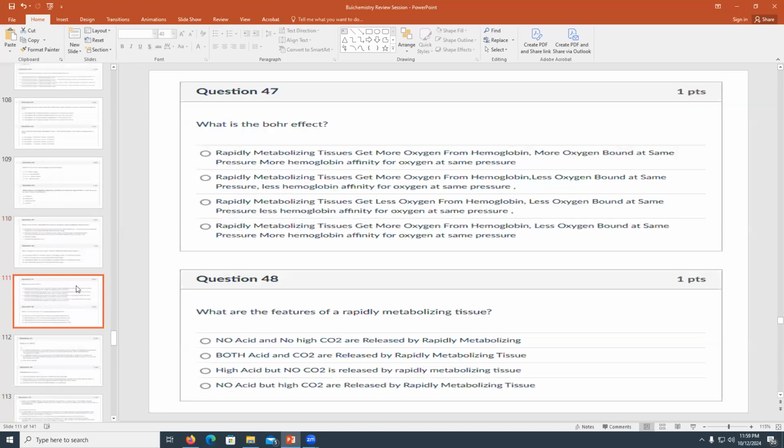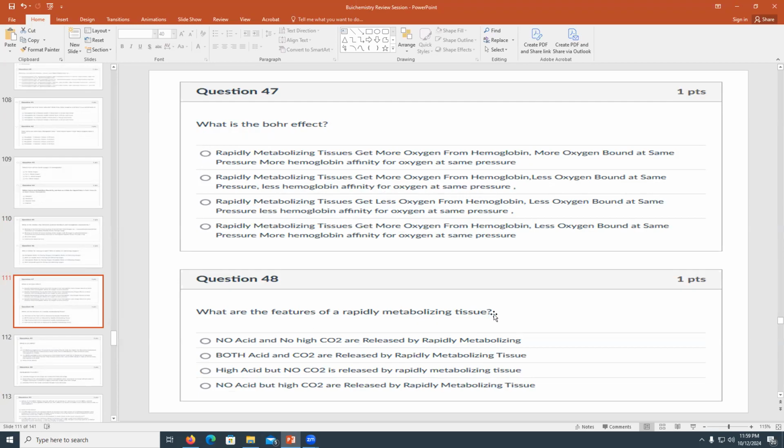We talked about that. What happens is rapidly metabolizing tissues get more oxygen from hemoglobin, and less oxygen is bound at the same partial pressure. There is less hemoglobin affinity for oxygen at the same pressure, because hemoglobin needs to let go of the oxygen to the tissue.